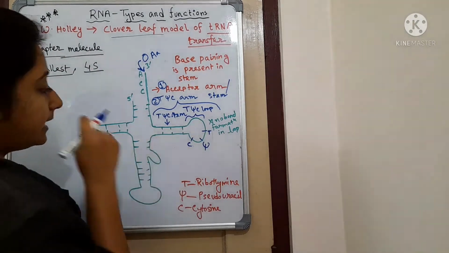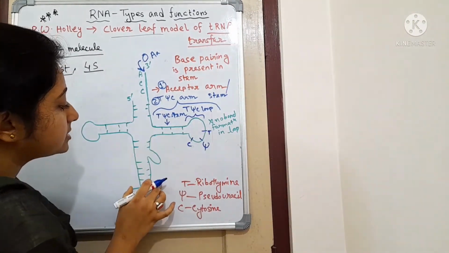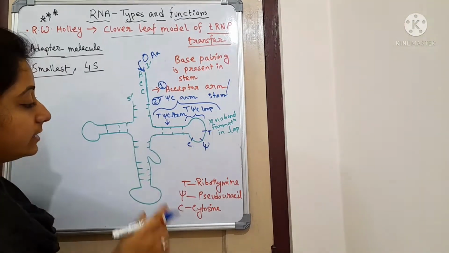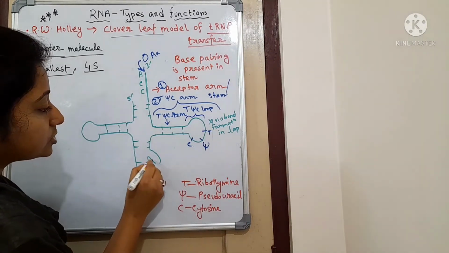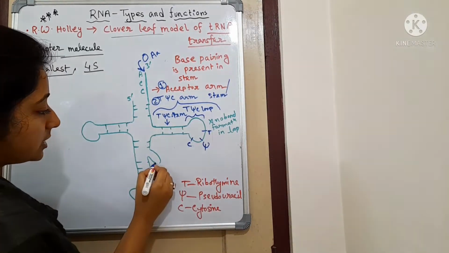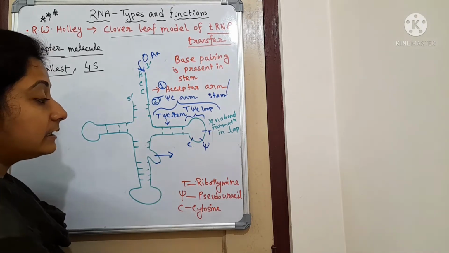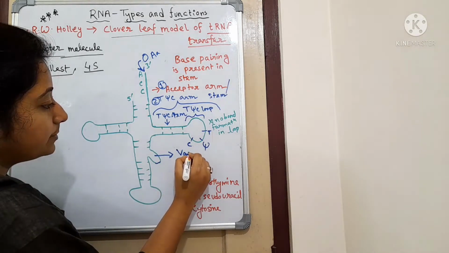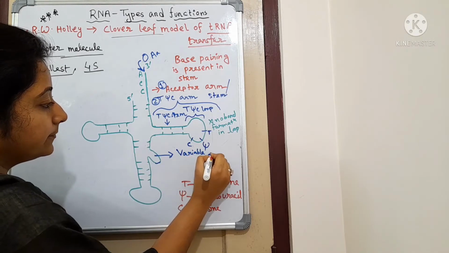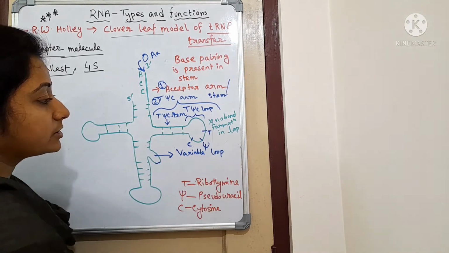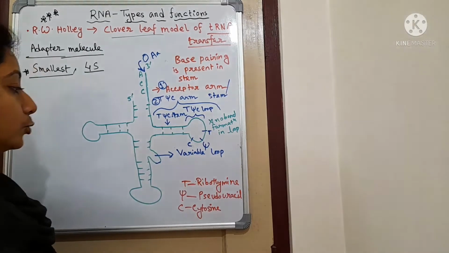After that there is another stem, but before moving ahead, just see here that another short loop-like structure is formed. Here the bases vary greatly. That is why this loop is known as the variable loop.